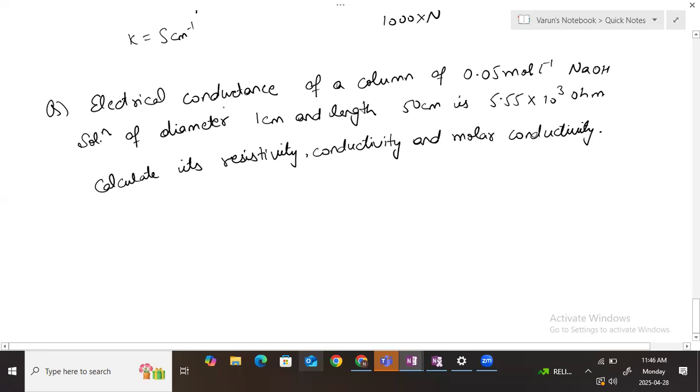But here I have written the conductance. I saw the unit and took it as resistance. If I change its unit to ohm inverse, G is equal to 1 by R.